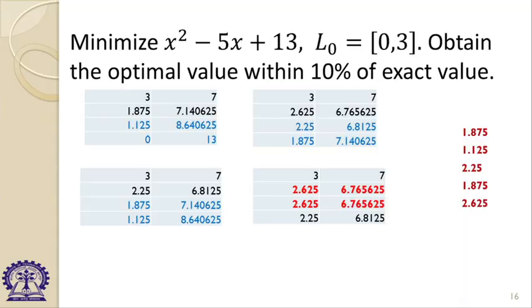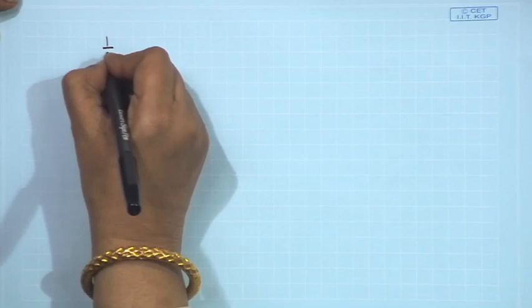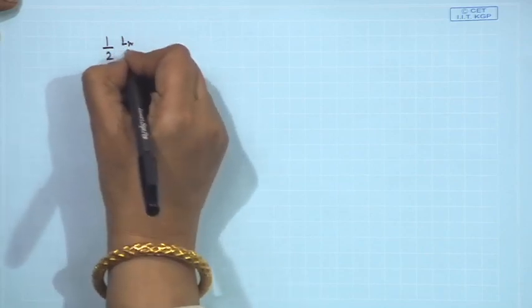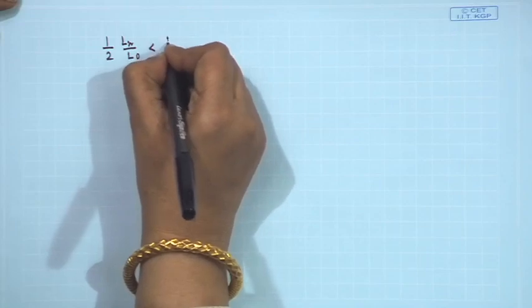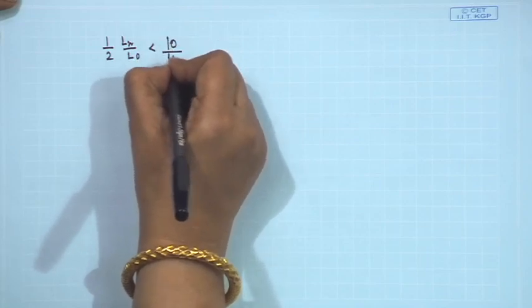Let us consider another example. We are considering the same function, but here we are only considering 10% of the exact value. 10% of exact value means, as I said before, half ln by L0 must be less than 10 by 100.